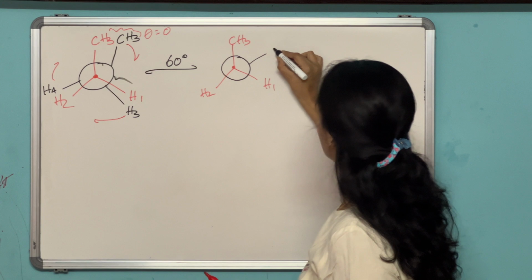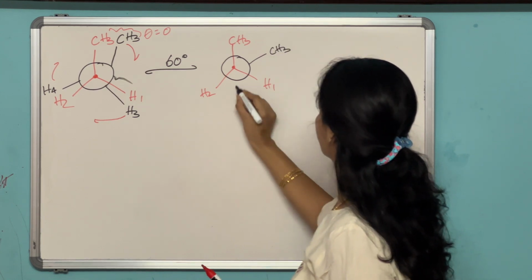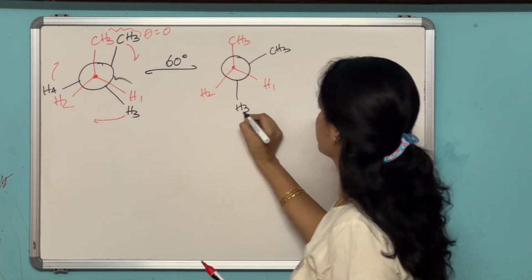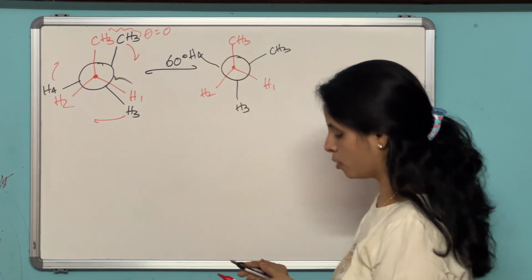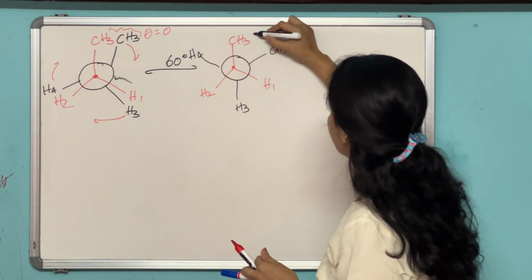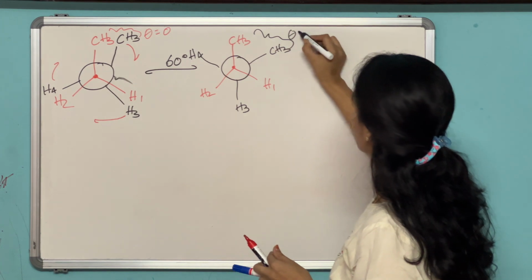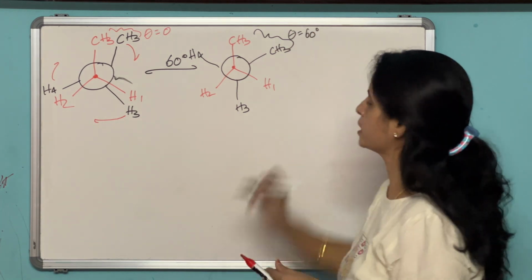The back carbon has CH3, H3, H4. Now what is the theta between these two? We have rotated by 60 degrees, no?